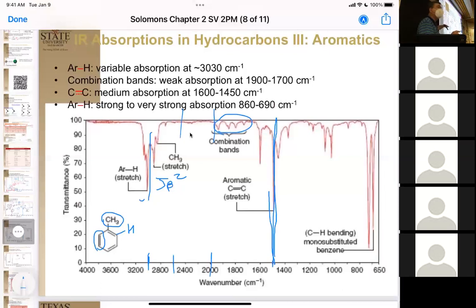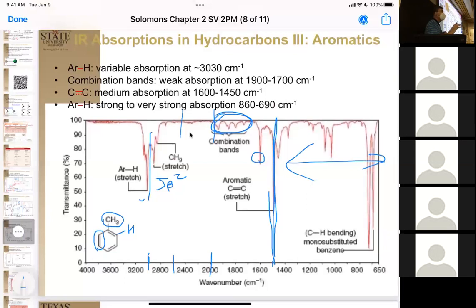We just have one representation of the many. So we have this combination of bands that have different energies because they have more or less double bond character at any one time. And then we have a nice peak here and a nice peak here. But then we also have all of our other peaks down below 1500.